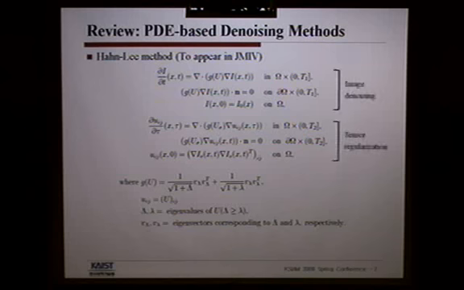So this is the image denoising part and this is the tensor regularization part, and this G of U is expressed as that. So we have this is the maximum eigenvalue, this is the minimum eigenvalue, and these are the corresponding eigenvectors. So this is in a sense the same as the Perona-Malik model, but we have more freedom to choose these tensors here.